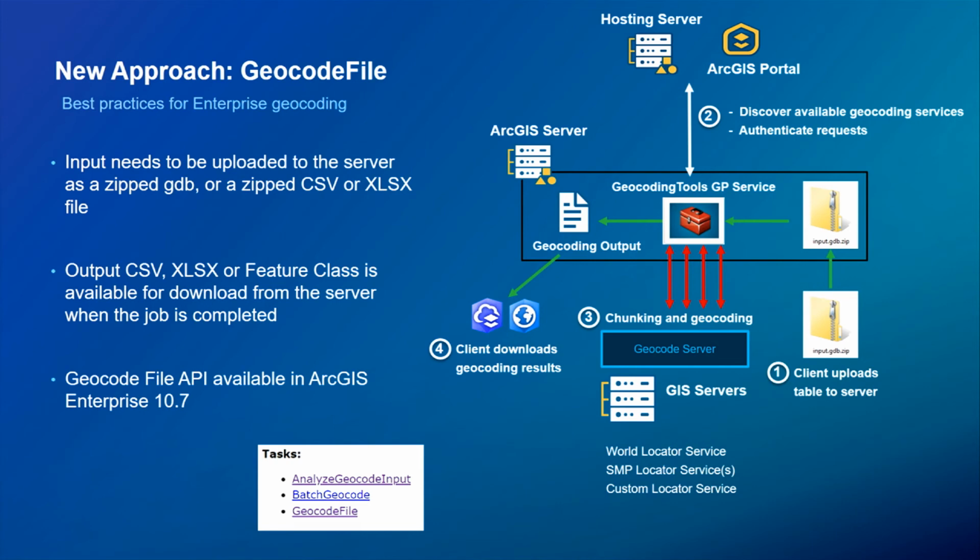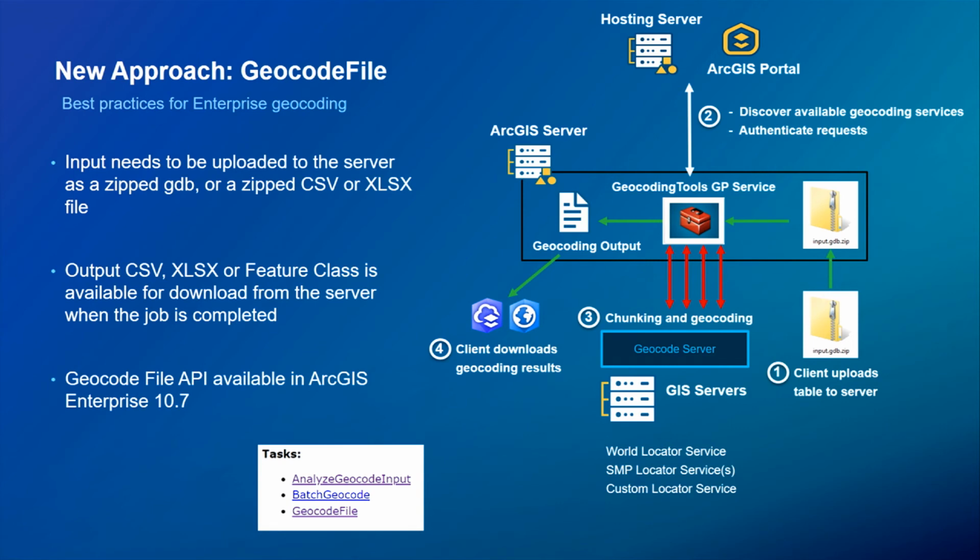That geocode output comes out as a zip file, but you can unzip it and retrieve the results on your end. So this accepts multiple different kinds of inputs. So a zipped GDB table, a zipped CSV, or a zipped Excel file. It outputs a zipped CSV, zipped XLS, or a zipped feature class. And then the client comes back and downloads the results.